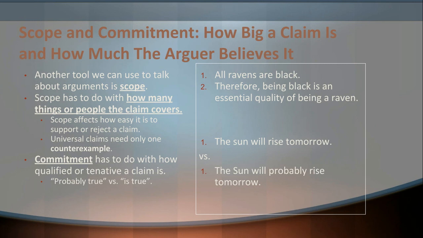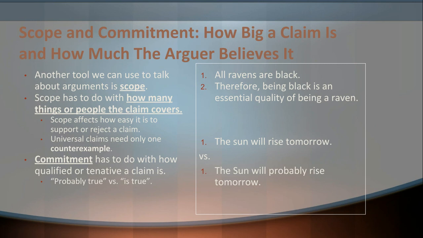The scope of a claim, we don't talk about the scope of an argument, but the scope of a claim, is literally just how many of that thing does it affect? How big of a claim is it making about the world? We might also label and be able to identify the commitment present in a given statement or argument.